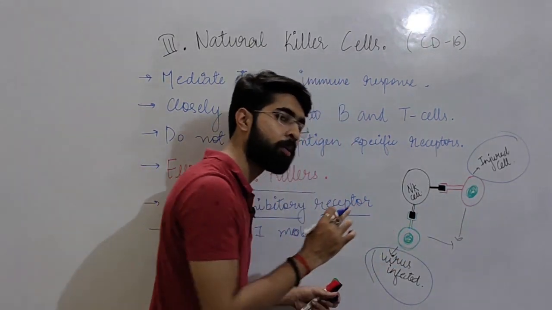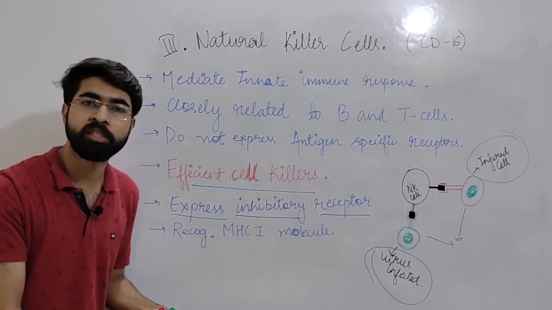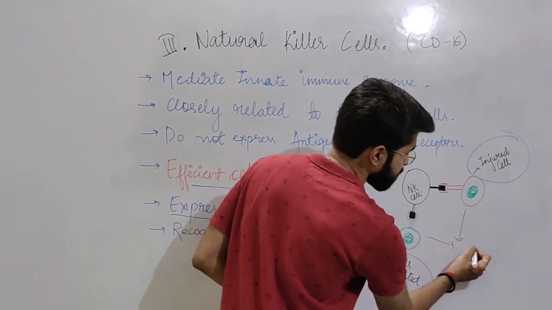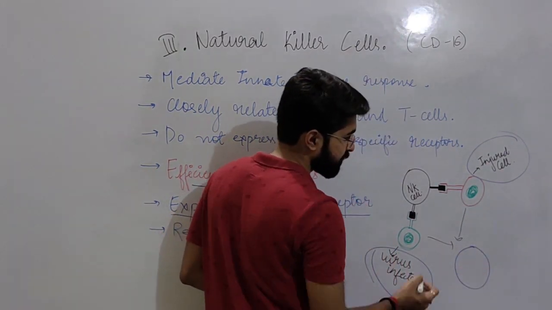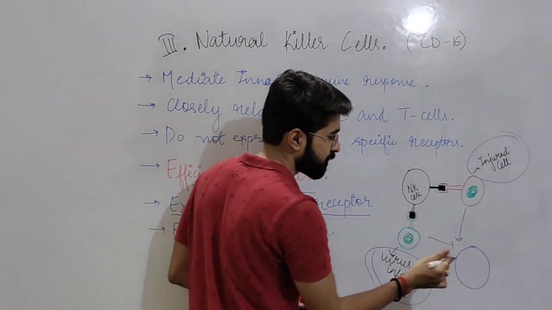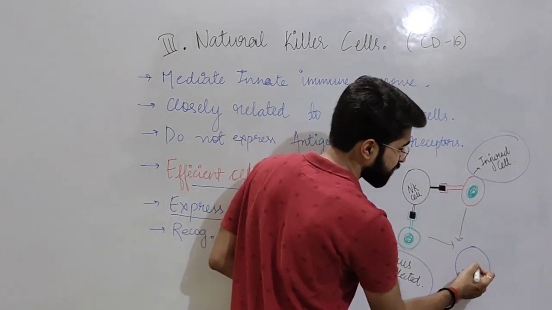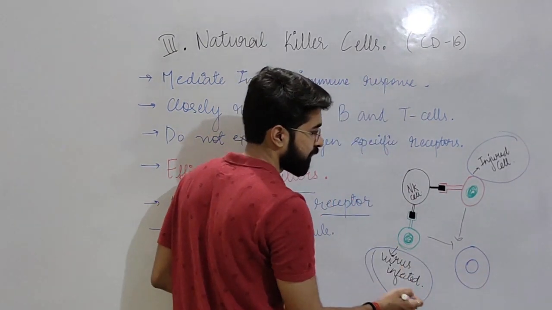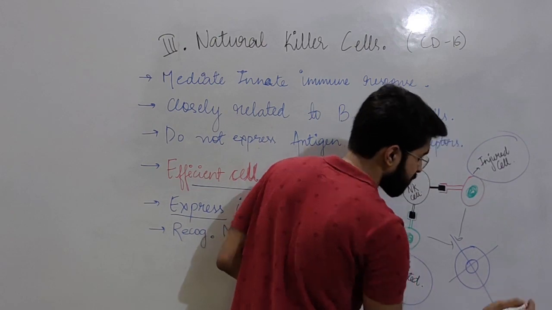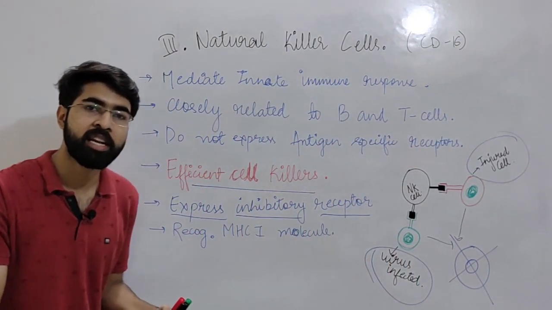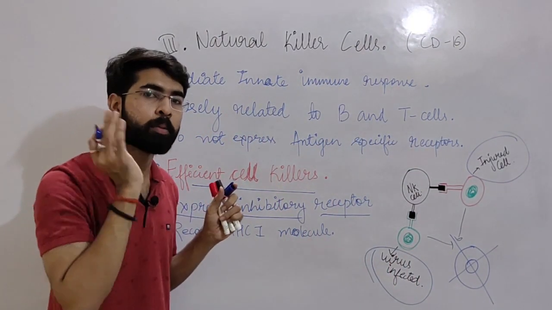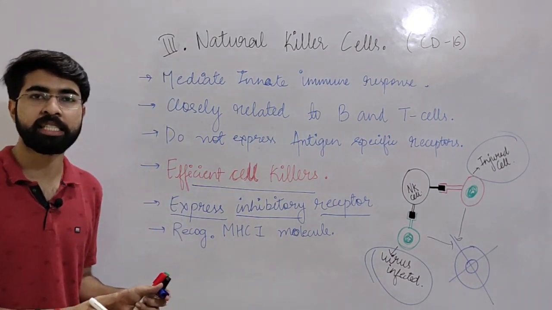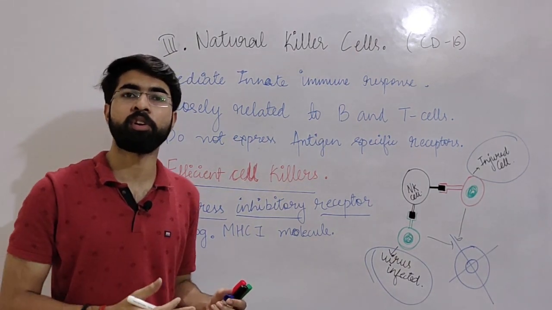As soon as they form the interaction, the natural killer cell starts the process of killing, and it destroys the cell, and thus tries to remove the pathogen or virus infected cell or any other cell that isn't working properly.